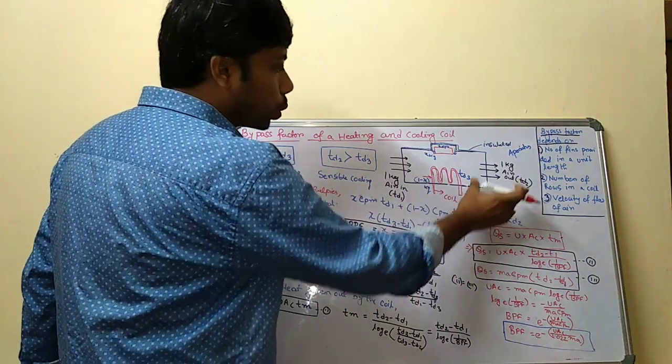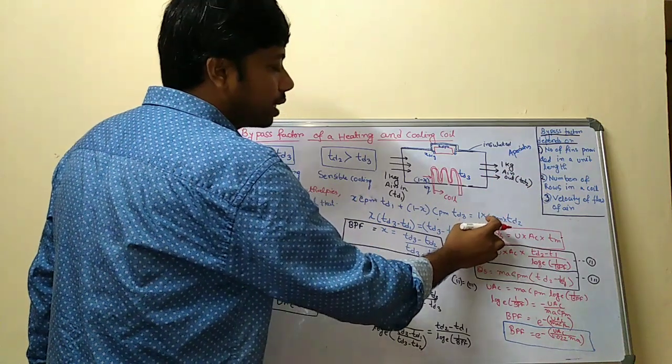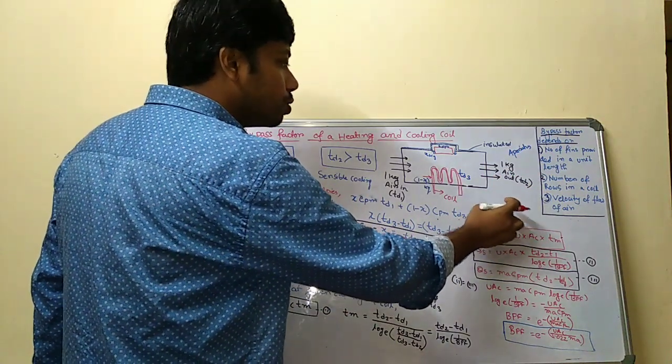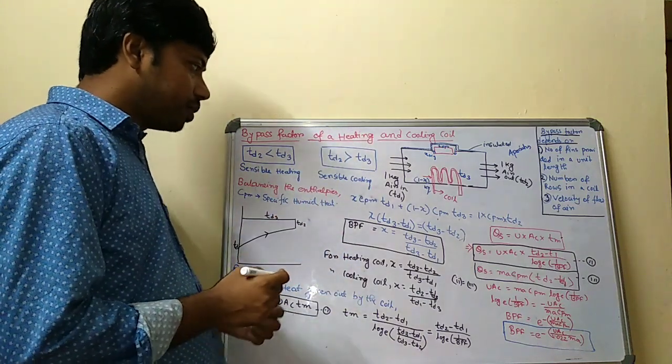Here CPM is the humid specific heat, and x and 1 minus x indicate the mass that does not contact or directly contacts the coil. This is equal to the total air exiting the section, 1 kg of air, into humid specific heat into TD2, because this is sensible heat.